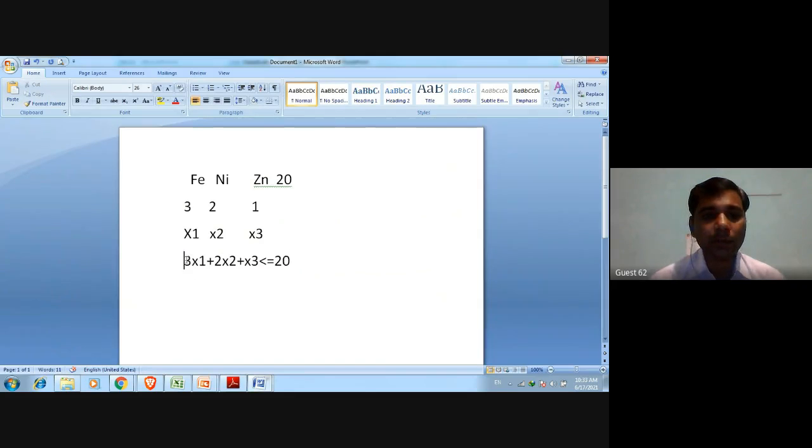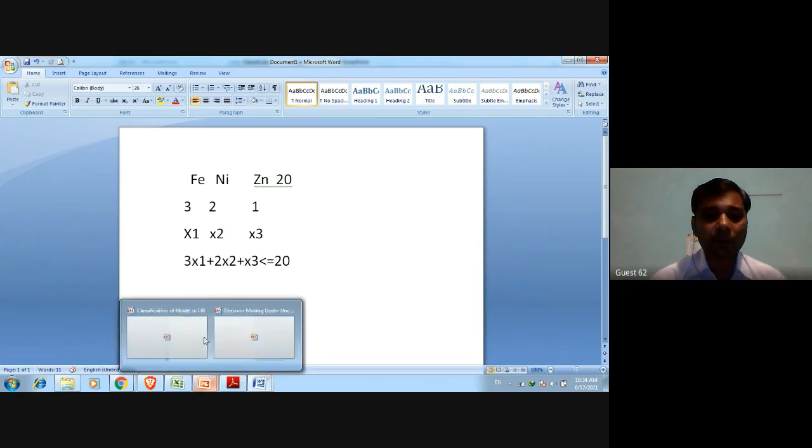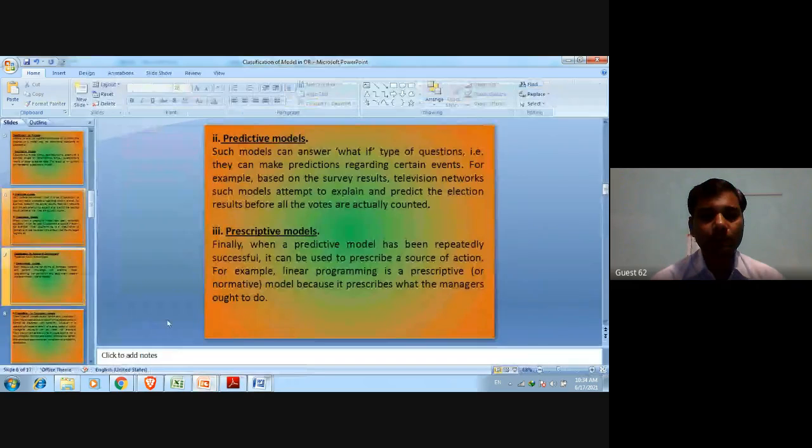After getting the solution, we can say that the manager will use the solution of this model. The manager will use this model, which we have suggested after applying this technique. So these types of models are called prescriptive models.